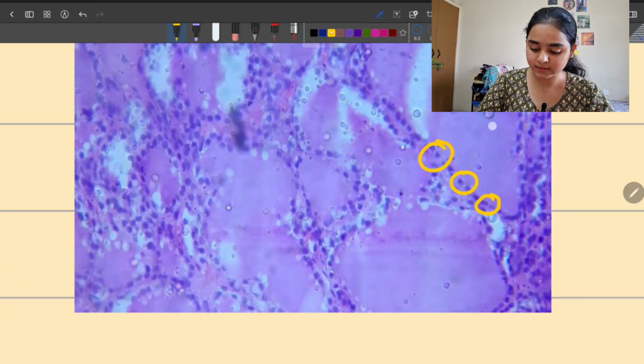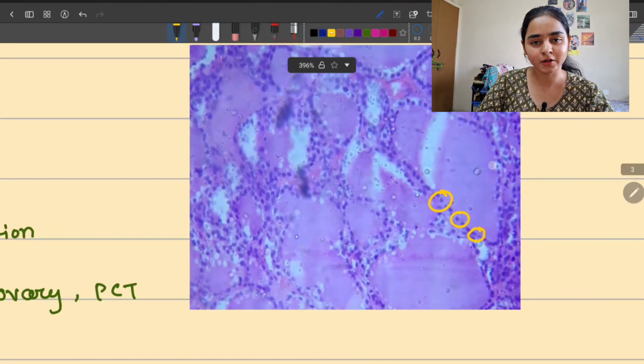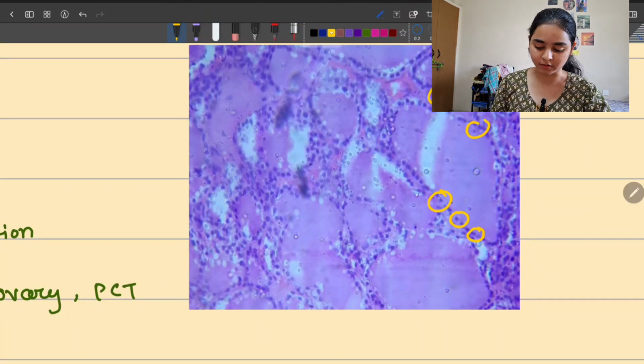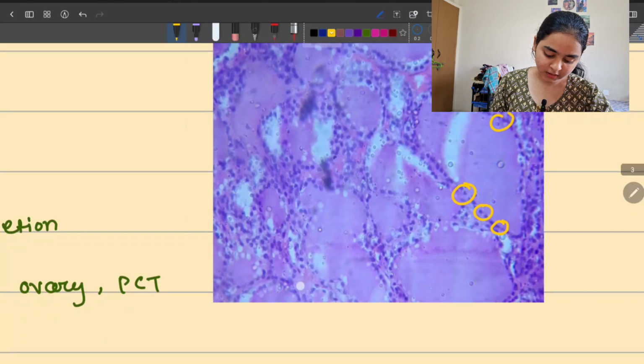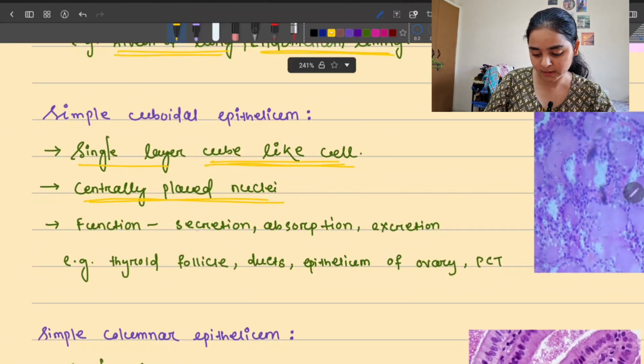If you are wondering, it is a slide of thyroid gland, and the thyroid follicles are lined by cuboidal epithelial cells. So you can see these cuboidal epithelial cells beautifully lining the thyroid follicles. And the function of the simple cuboidal epithelium is secretion, absorption and excretion.